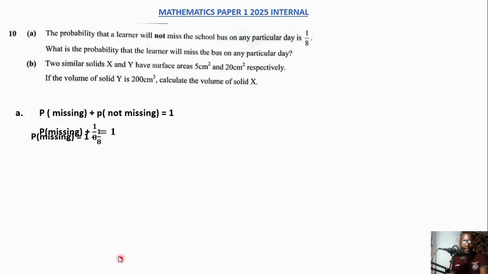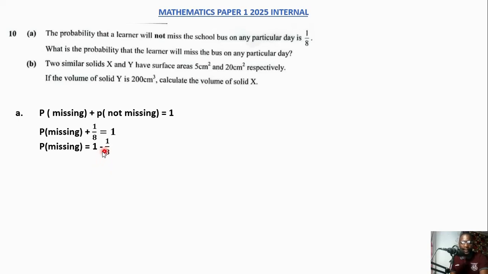And since we are looking for the probability of missing a school bus, this +1/8 should cross the equal sign and come here where 1 is, and it becomes negative. This is what I've done here. So +1/8 has crossed the equal sign and it has become -1/8.